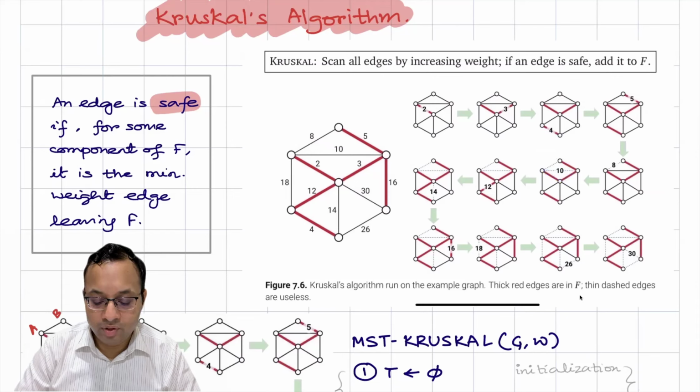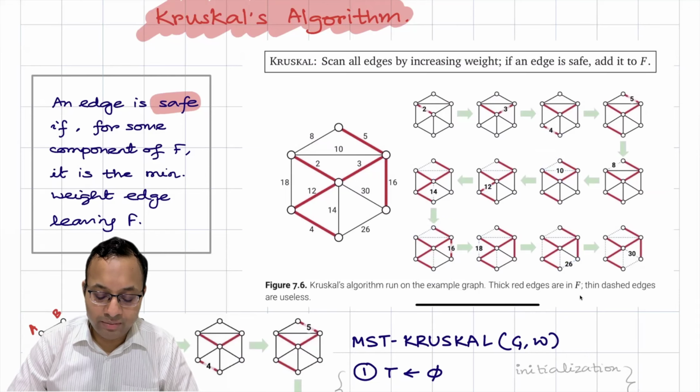Then we go to 12. We can add it. 14, same problem. Both the endpoints are in the same component. We'll not add it. Then 16, we can add it. And then 18, same problem. We cannot add it. 26, same problem. We cannot add it. 30 also, same problem. We cannot add it.